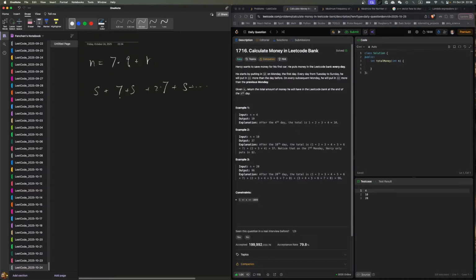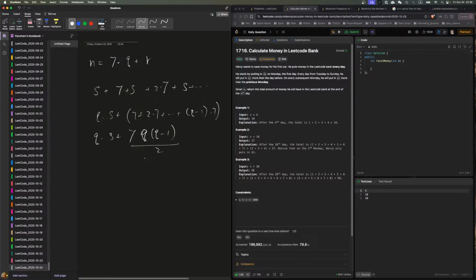So the total will be q times s plus 7 times (q minus 1) divided by 2.